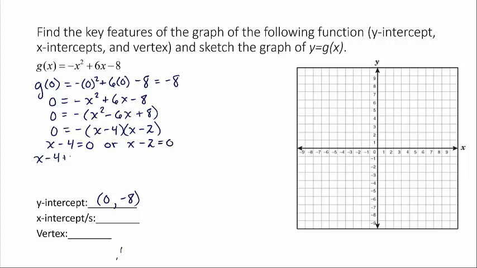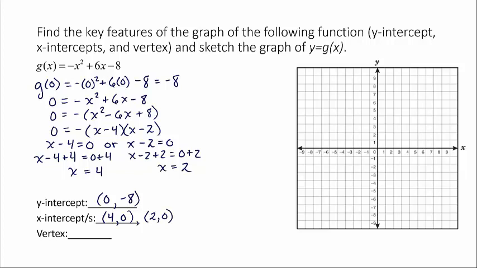So I'm going to add 4 to both sides here. 0 plus 4. And then over here, x minus 2 plus 2 equal to 0 plus 2. All right, so I'm going to have x equal to 4 or x equal to 2, right?